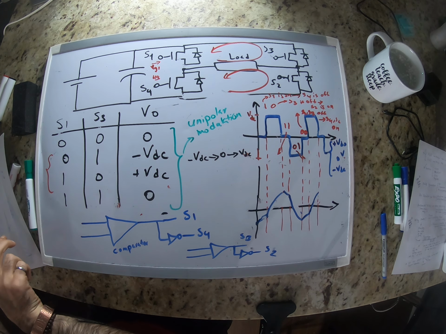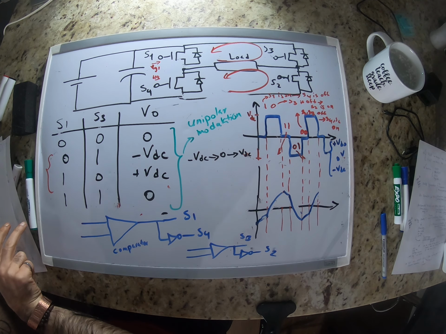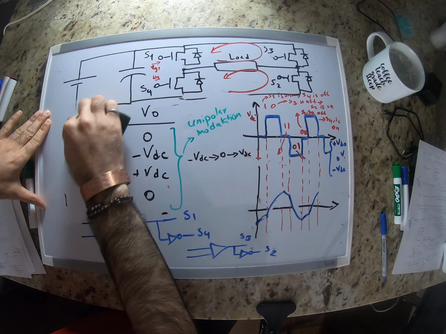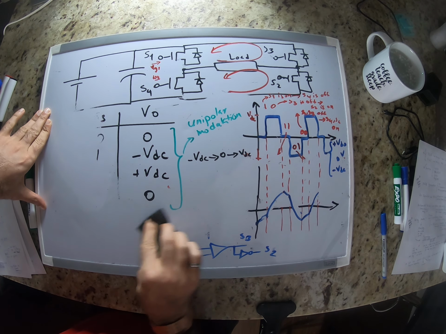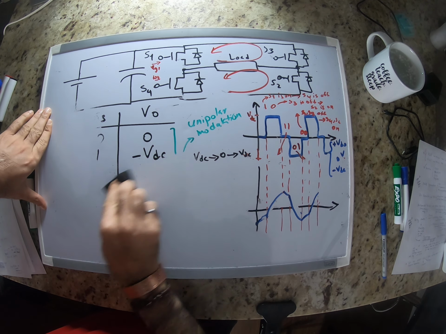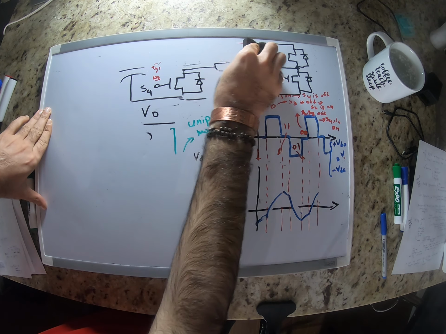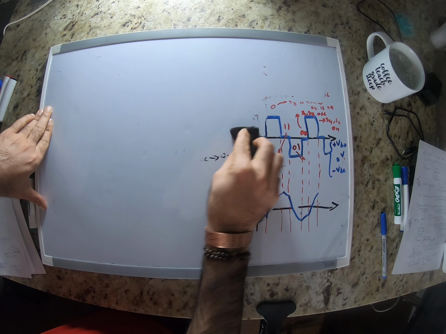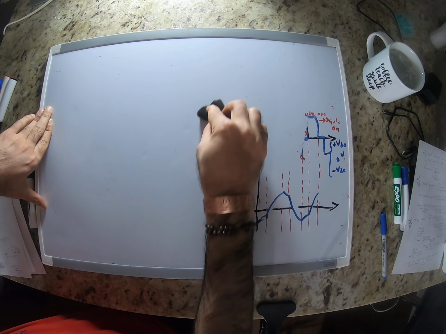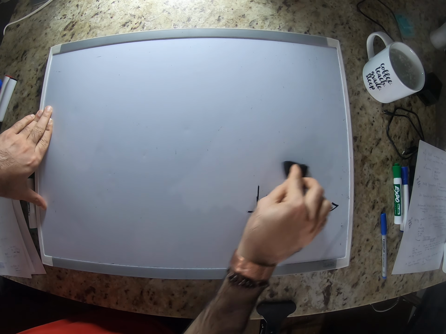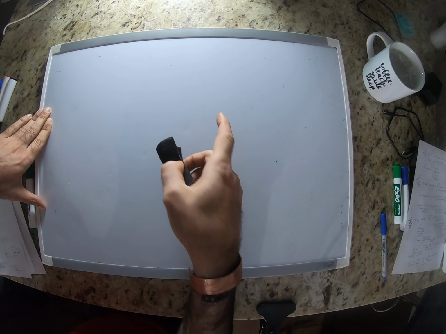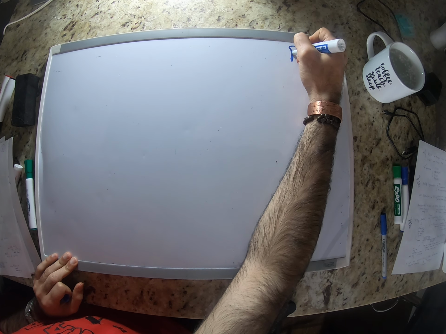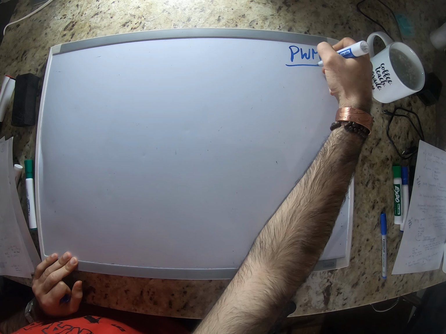Now I mentioned comparators, so I want to do a brief review for you guys of this concept of comparator, and how we use that to create these PWM, pulse width modulated signals that we apply to our switch gates.